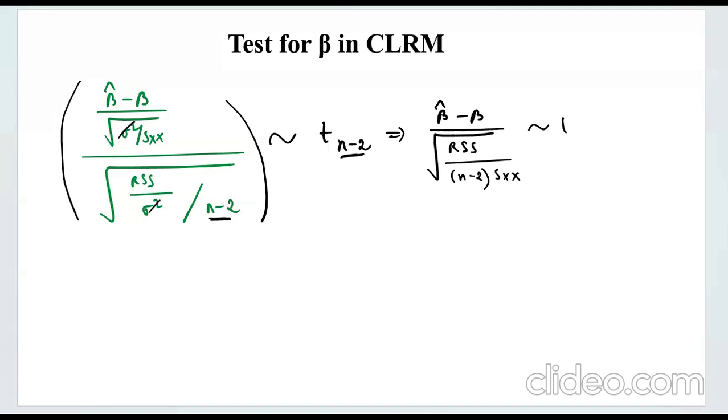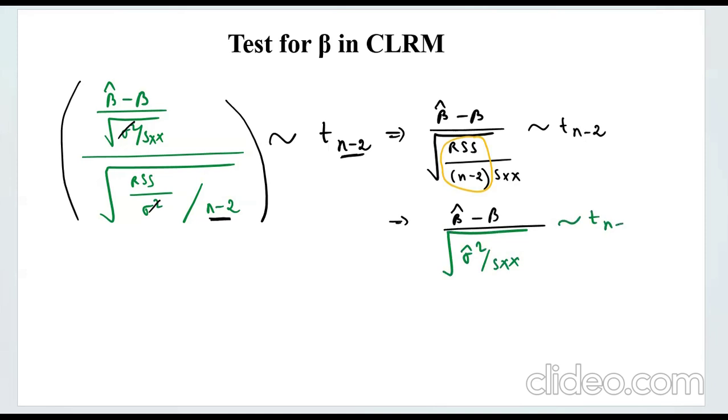So this follows T n minus 2. Or you can write (beta cap minus beta) upon, now can you identify what this value is? RSS by n minus 2? Yes, RSS by n minus 2 is sigma cap square, so sigma cap square upon Sxx and root over of that.